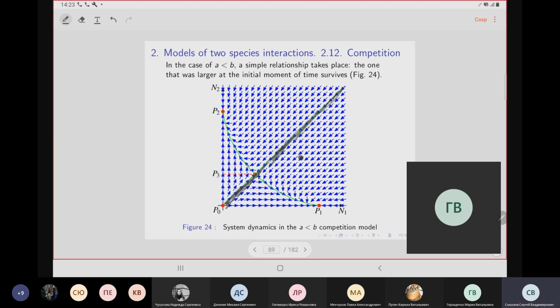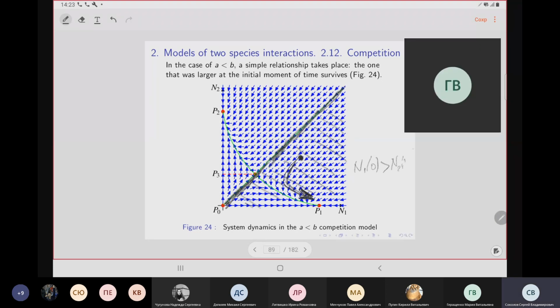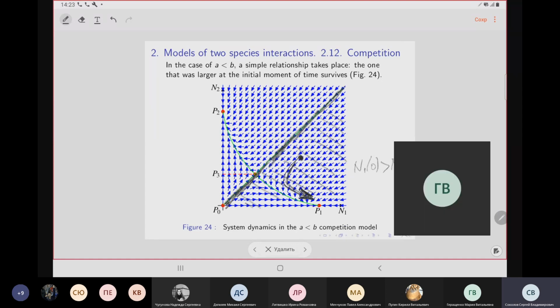So if we start at this point, then we see that the point P1 is stable. So it is our region of stability of the point P1. And it means that the first population N1 of 0 is greater than N2 of 0.